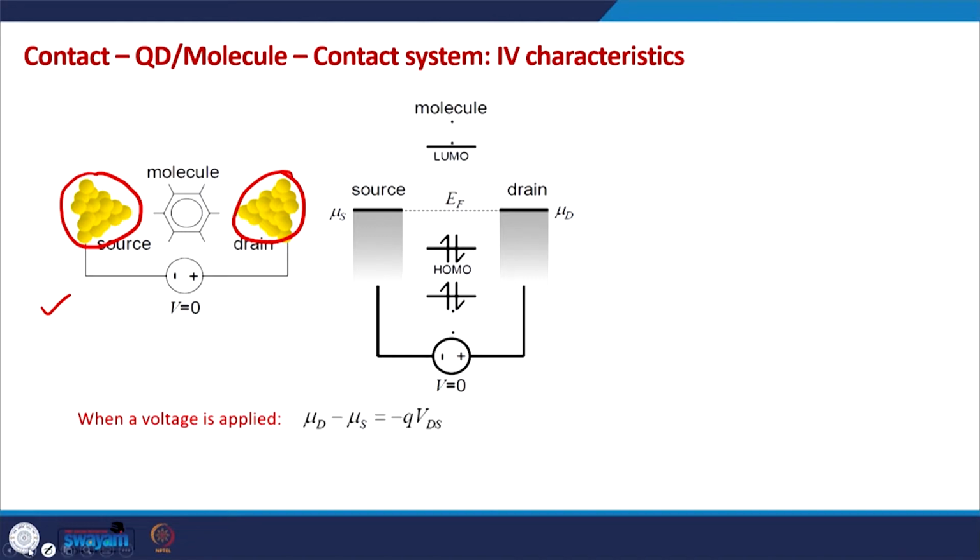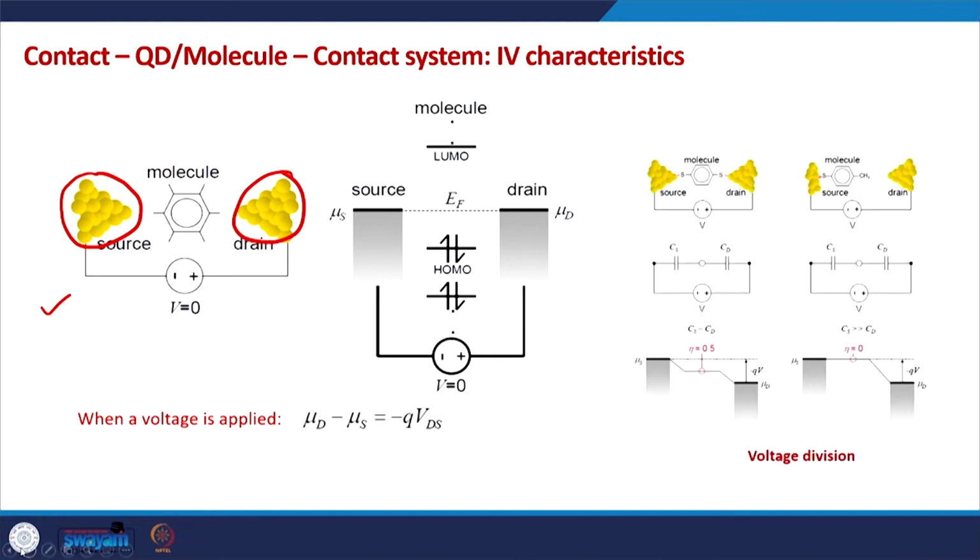When we apply a voltage, as we also discussed in the last class, we need to understand two things here. One is, how does the voltage drop across the device? In other words, where does the voltage drop in this device? That depends on these two capacitors, the source and the drain capacitors, which essentially model the interface between the source and the molecule and the drain and the molecule.